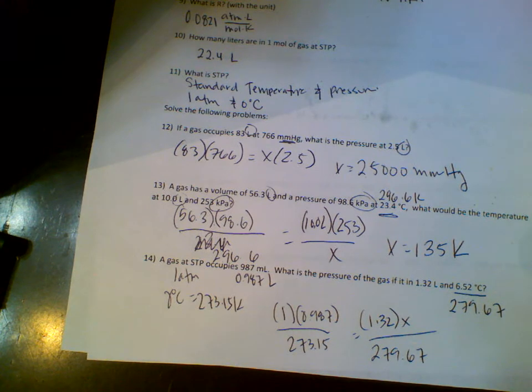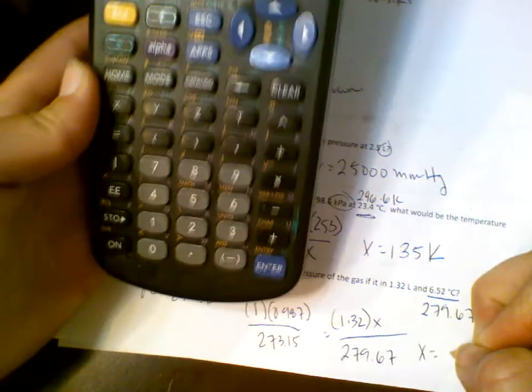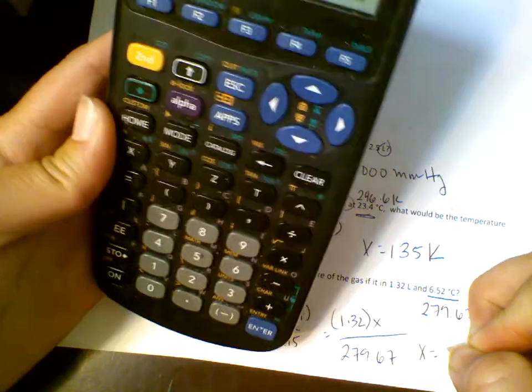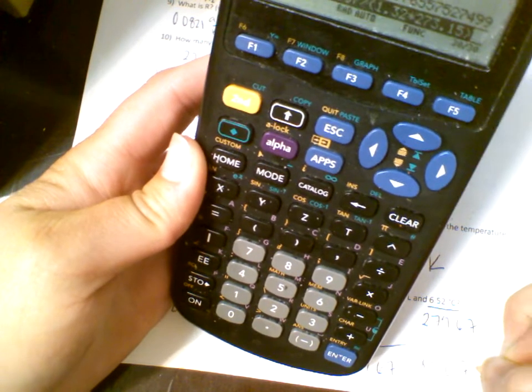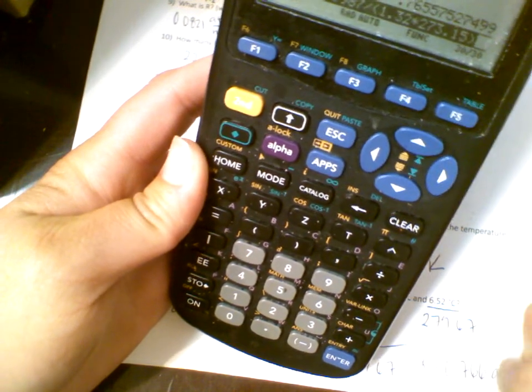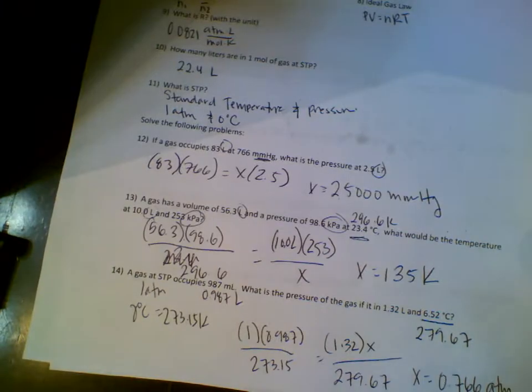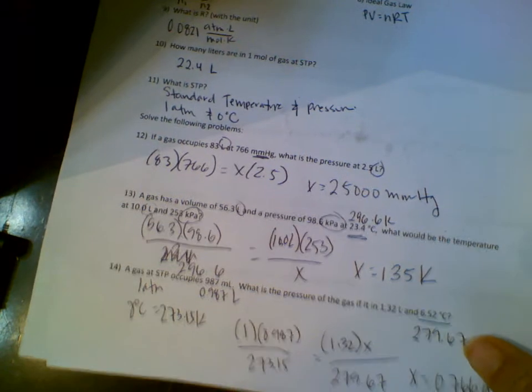You plug the numbers into the formula and then you chug out the answers by doing the math. And I got here X as 0.7. I'm just looking at my sig figs. I think I have 3.766 atmospheres.